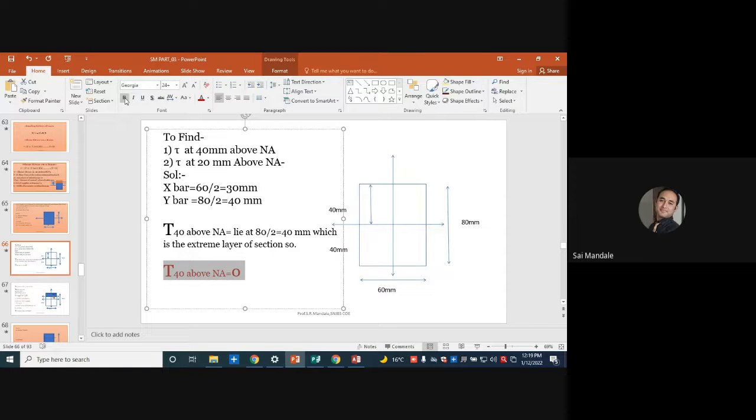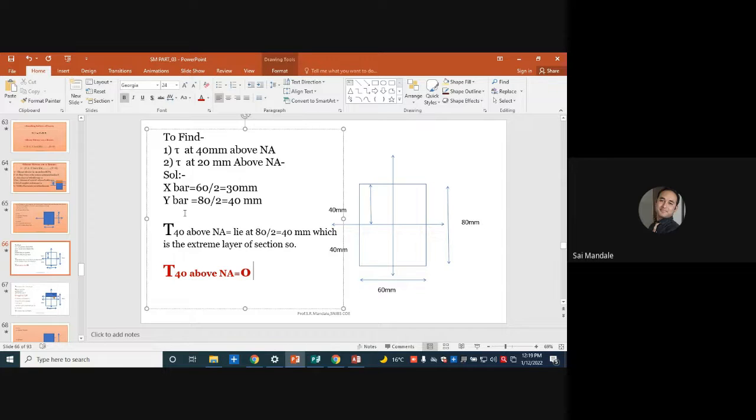Make a note: shear stress at the extreme end of the element is zero, and it is maximum at NA. Its intensity goes on increasing from the extreme end towards the NA, and at NA it is maximum.